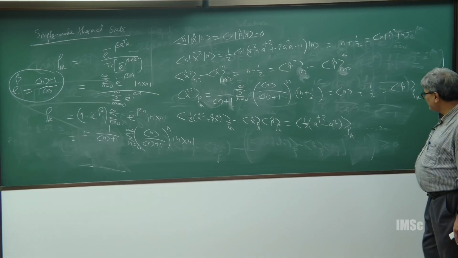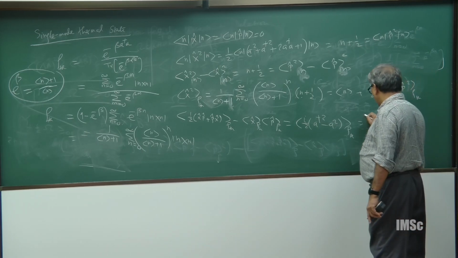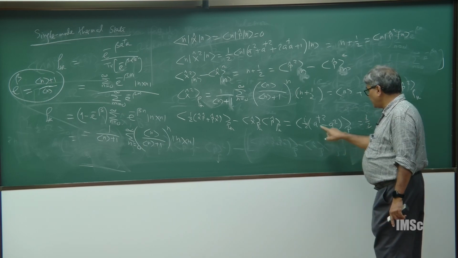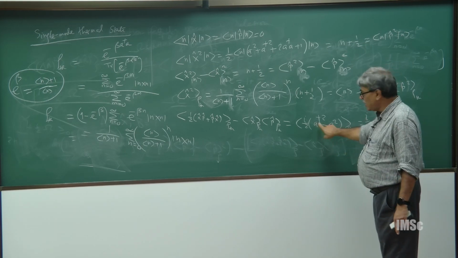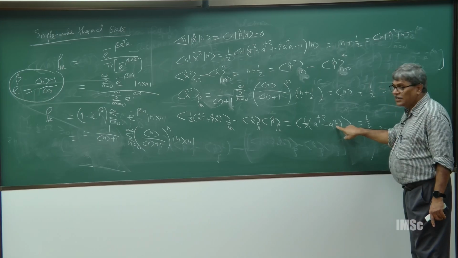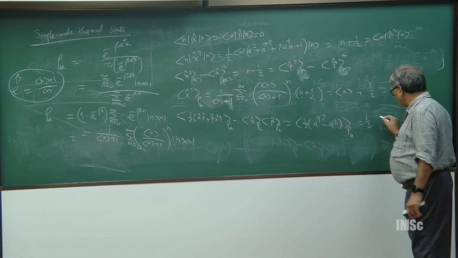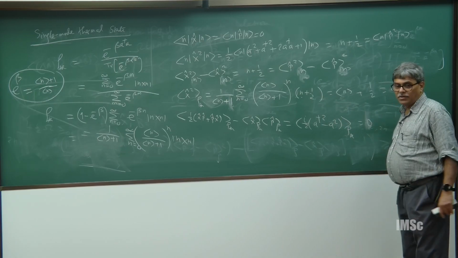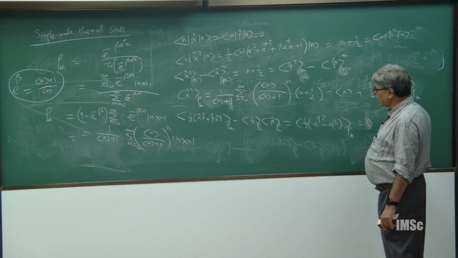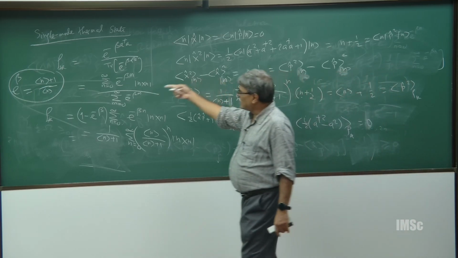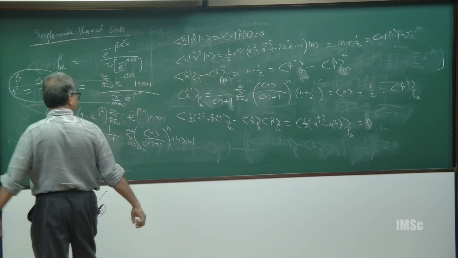And so I can take this iota by 2 outside. So I will have to take the a dagger squared average with respect to rho thermal, and the a squared average with respect to rho thermal. If you do all this, what you will see is that this is 0. Okay, this you can verify, it is simple, you can put it here and you get it, this is 0.